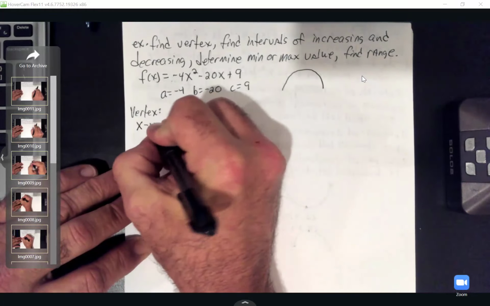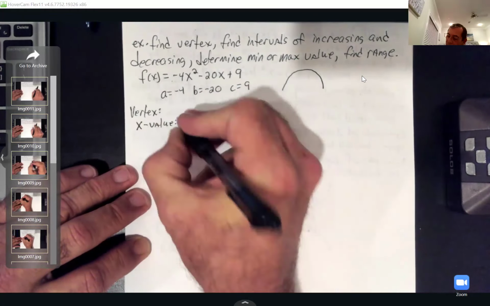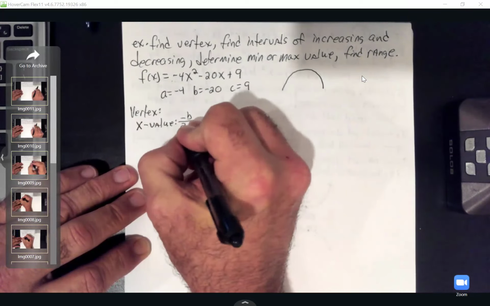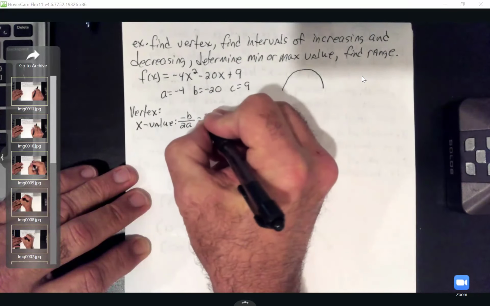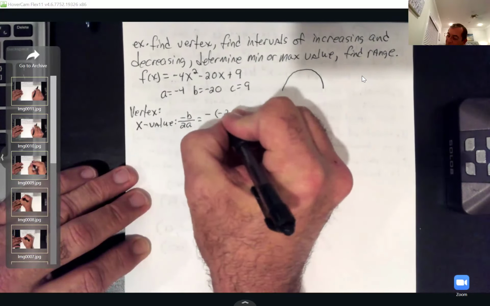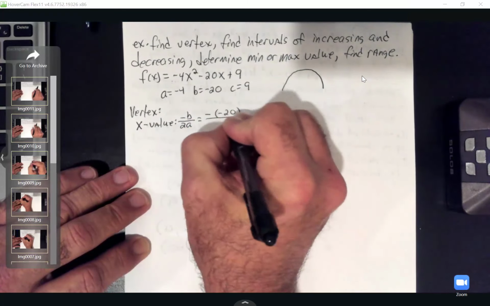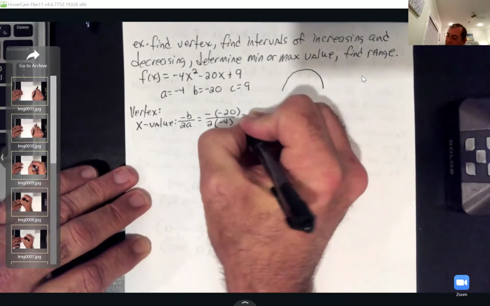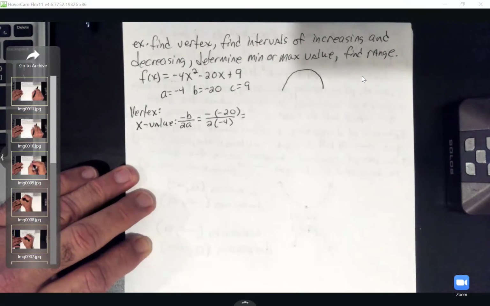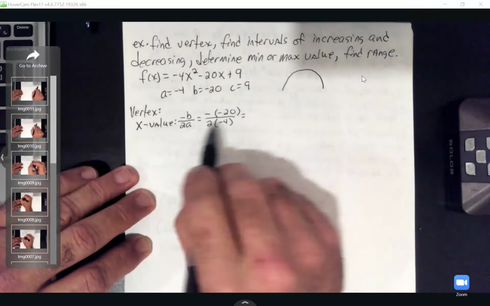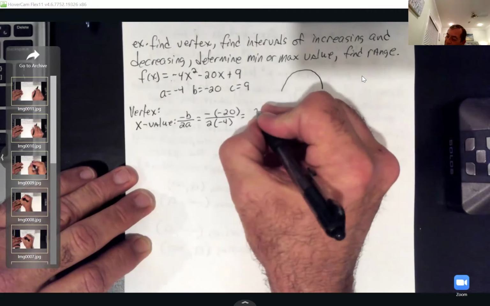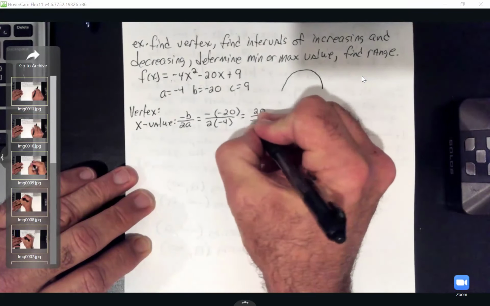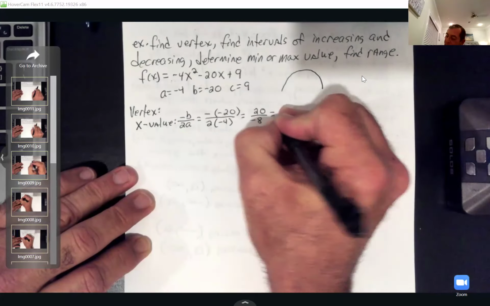So I'm going to get that x value. So negative b over 2a will be a negative times negative 20 over 2 times negative 4. So y'all, let's see, that's going to give me a 20 on top, negative 8 on the bottom.